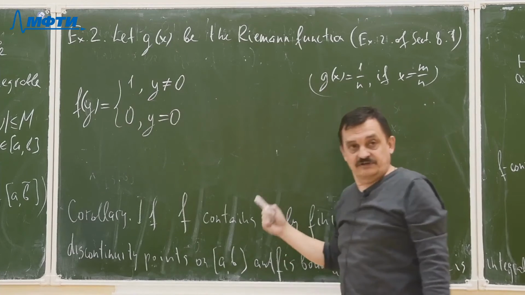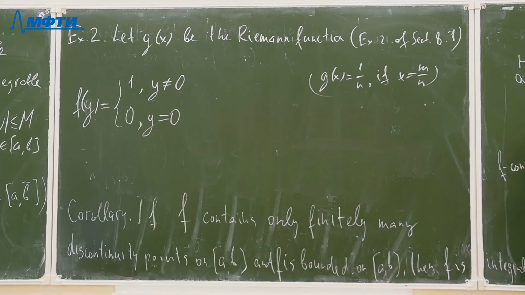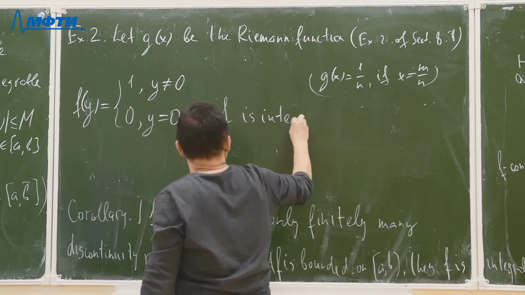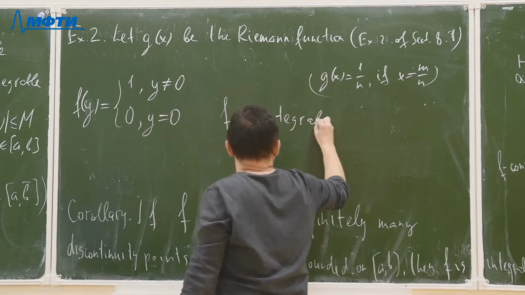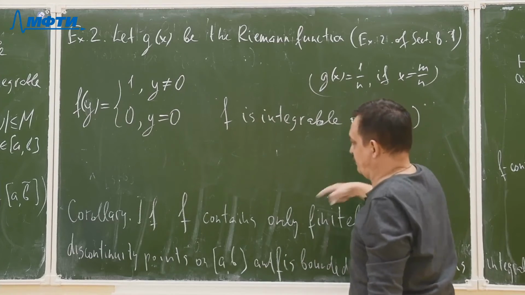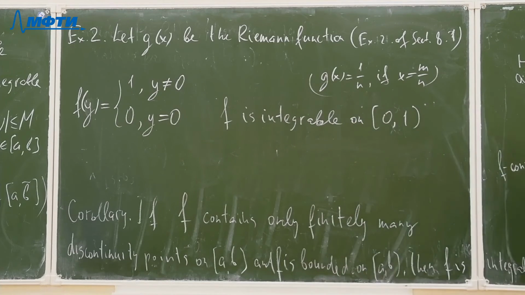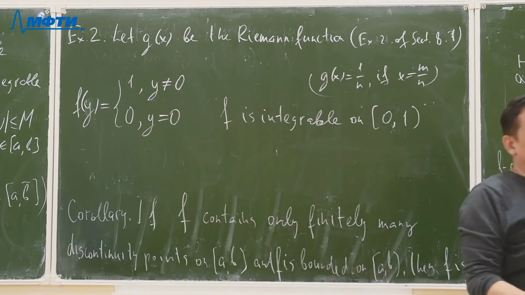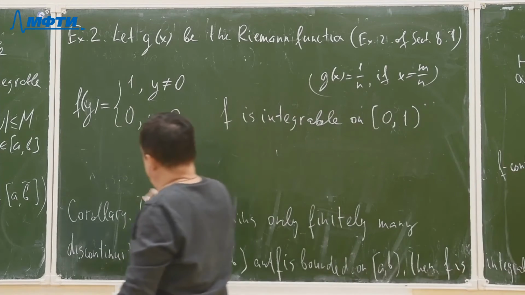So f is integrable by the corollary over each interval, let's say on [0,1], by corollary. g is integrable, we know from example 2, right? What about f of g?